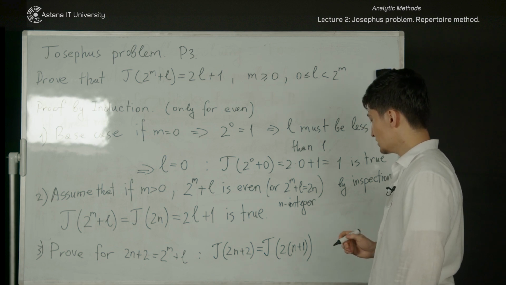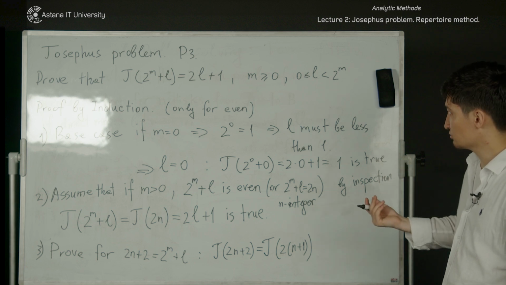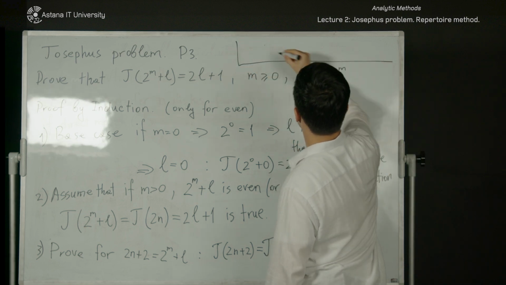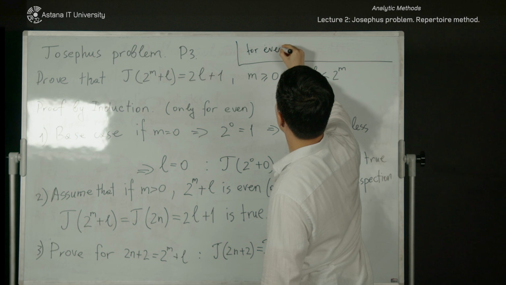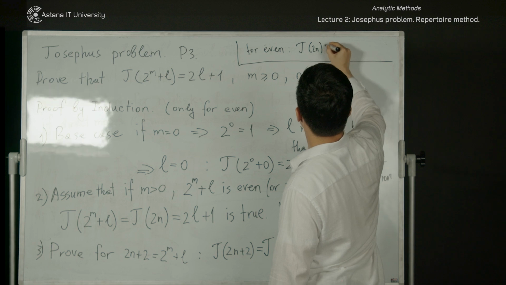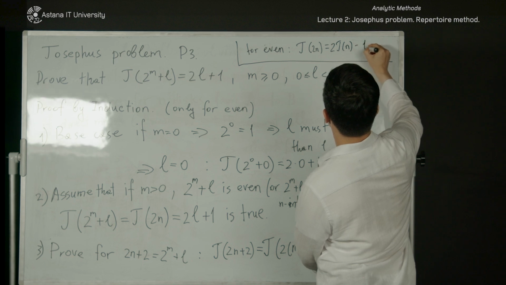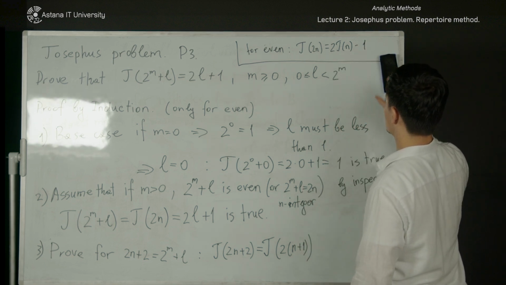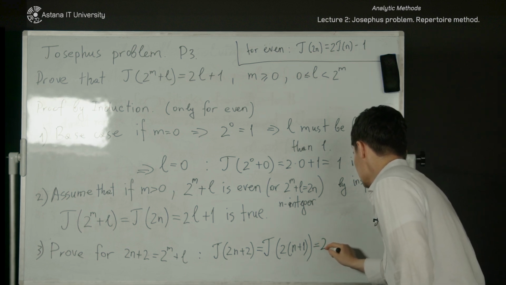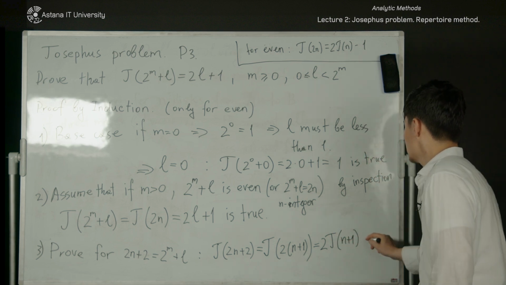And over here I'm going to use the recursive formula for Joseph's number. Remember, the recursive formula for Joseph's number, for even values, is J of 2n equal to 2 times J of n minus 1. We're going to use this, and by this we're going to get 2 times J of n plus 1 minus 1.